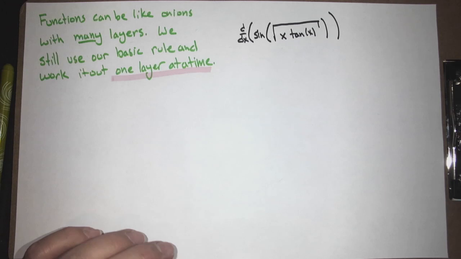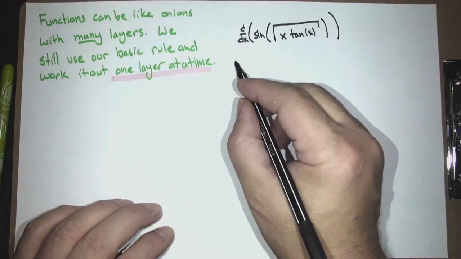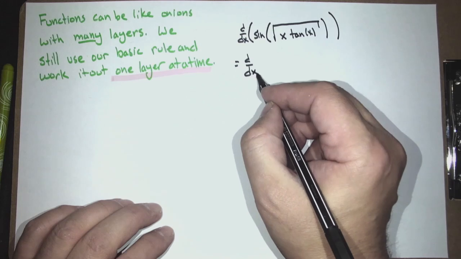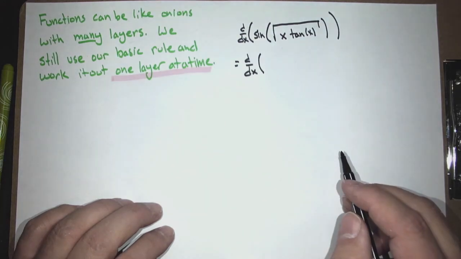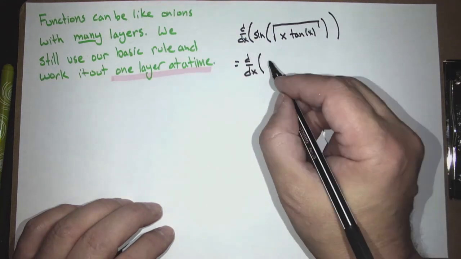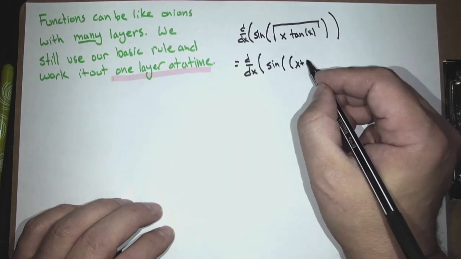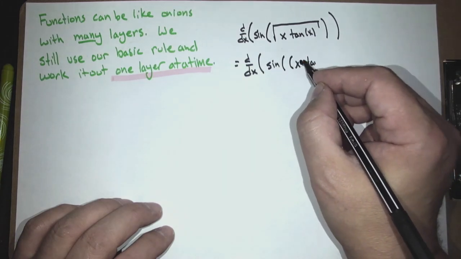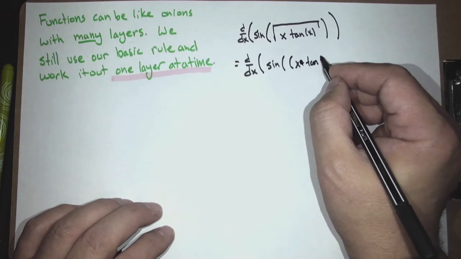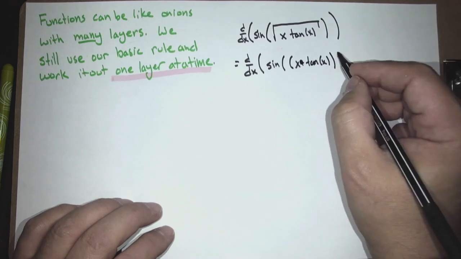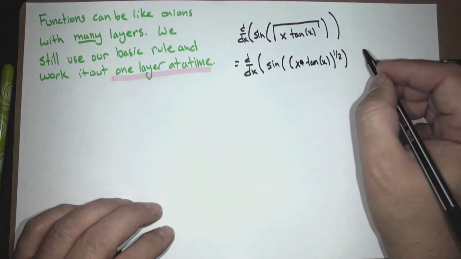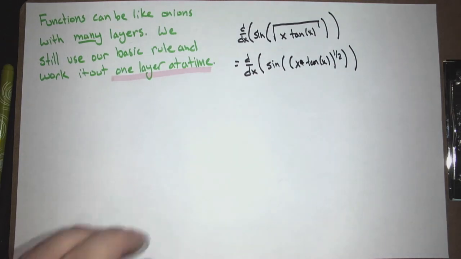Before I take this derivative, I do want to rewrite something. Which part of this should we rewrite to make it calculus friendly? The square root. The square root symbol is cool if you're back in algebra, but we're in calculus, and our rules work better with powers.